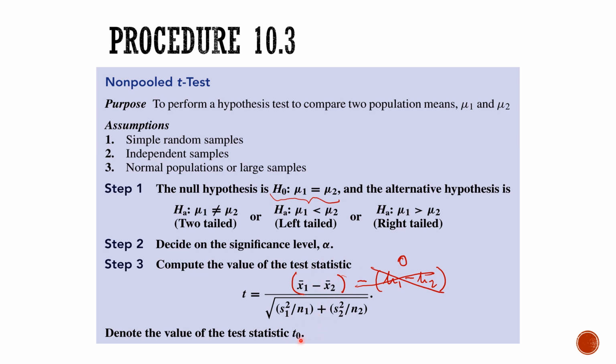And then in the denominator, we have the square root of the formula for the standard deviation of two population means. We denote the test statistic with the symbol t sub 0.